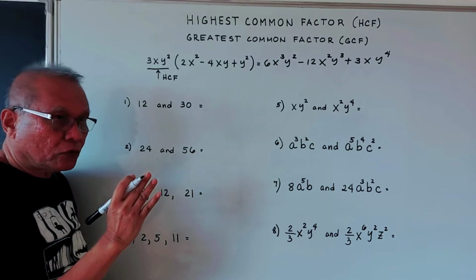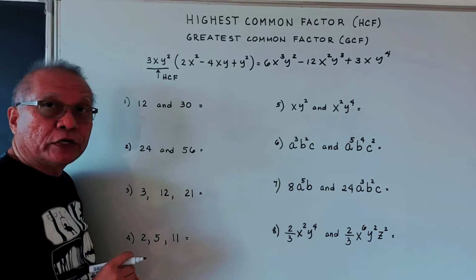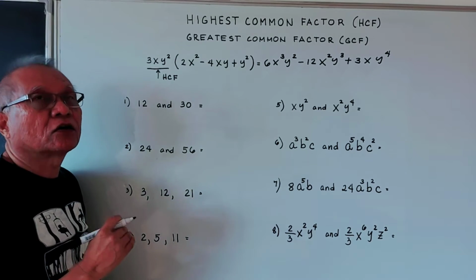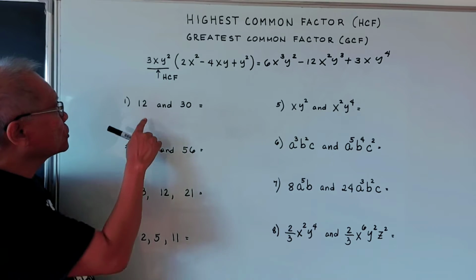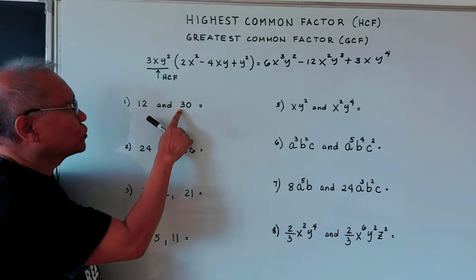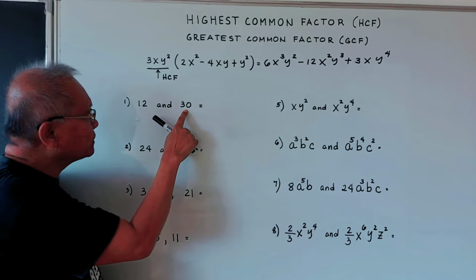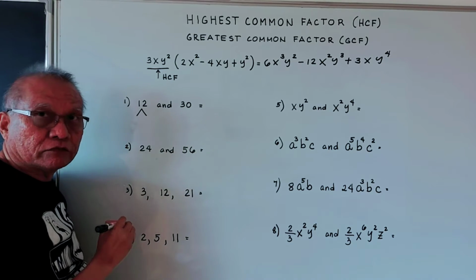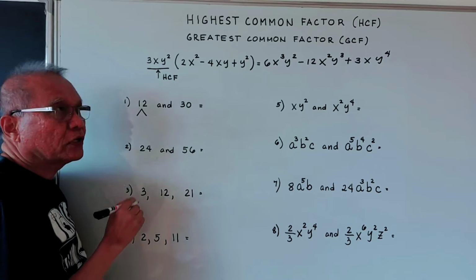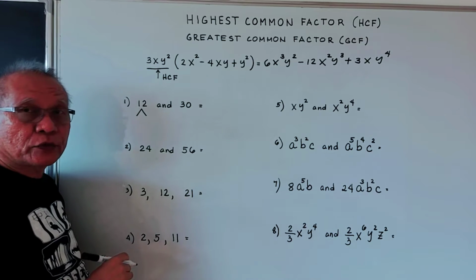If we have 2 or more numbers, we start the list with the smallest number. So which is smaller here, the 12 or the 30? 12 is smaller than 30. We start here and we factor only the 12, not the 30. So let us factor. Let's start with 1.